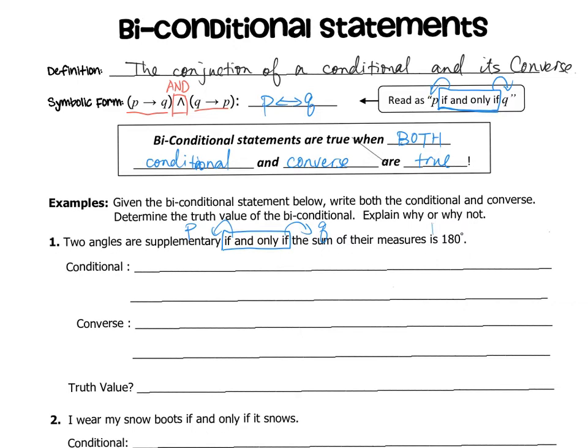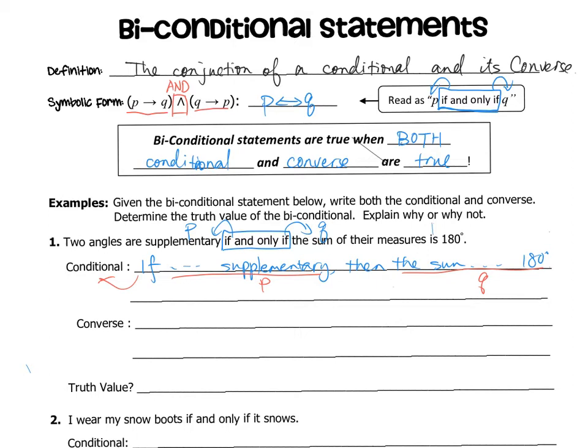So my conditional statement says if P, then Q. So if two angles are supplementary, then the sum of their measures is 180 degrees. Right after "if" is my P, then is my Q, and this is my conditional statement.